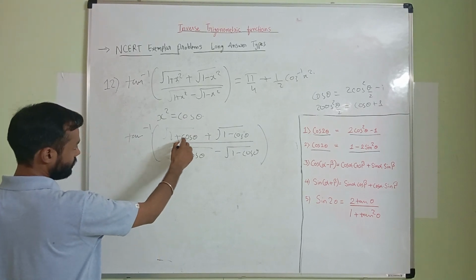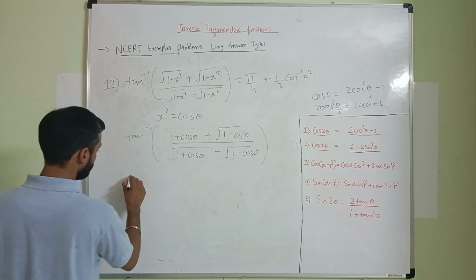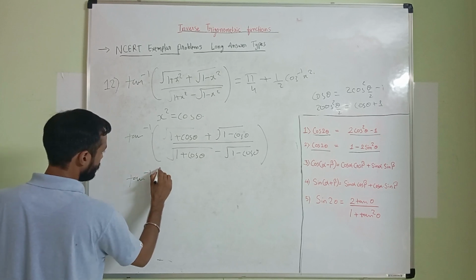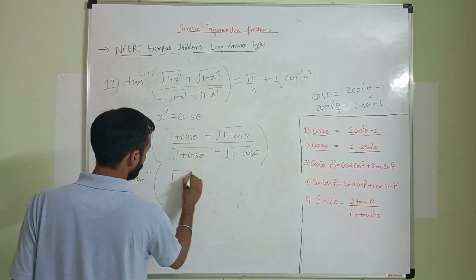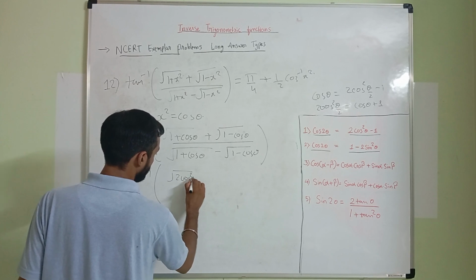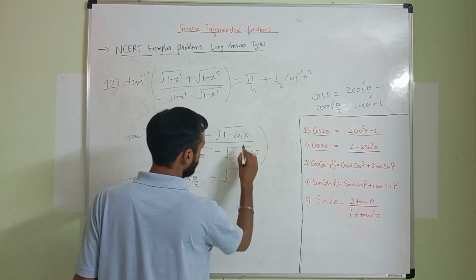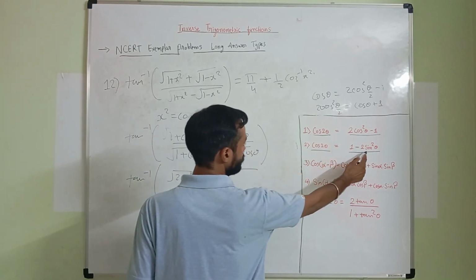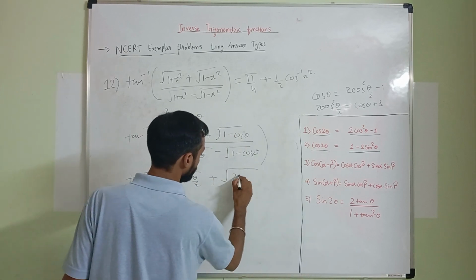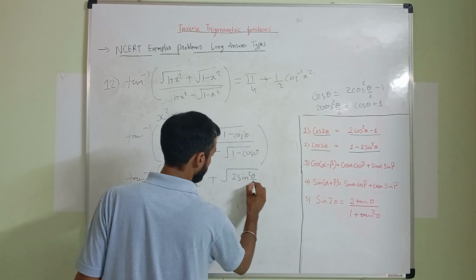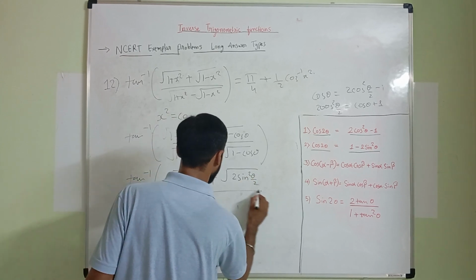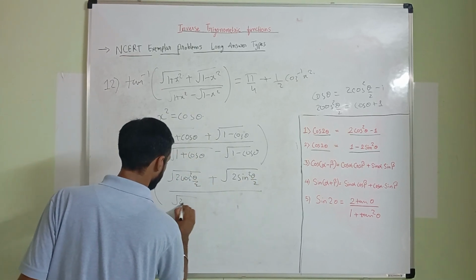So here under root 1 plus cos theta can be written as 2 cos square theta by 2, and in place of 1 minus cos theta, similarly 2 sin square theta by 2 will come, and similarly for the denominator part.